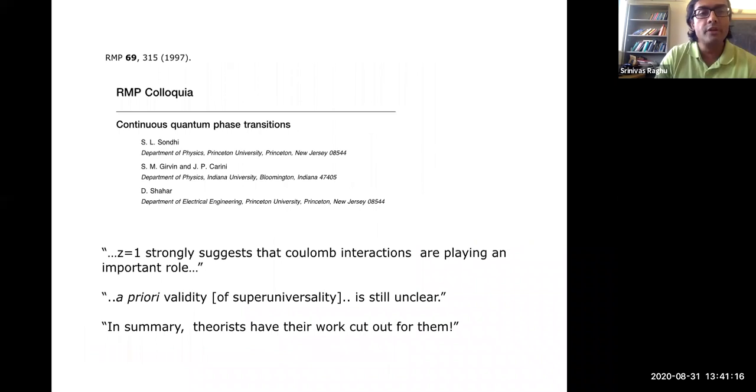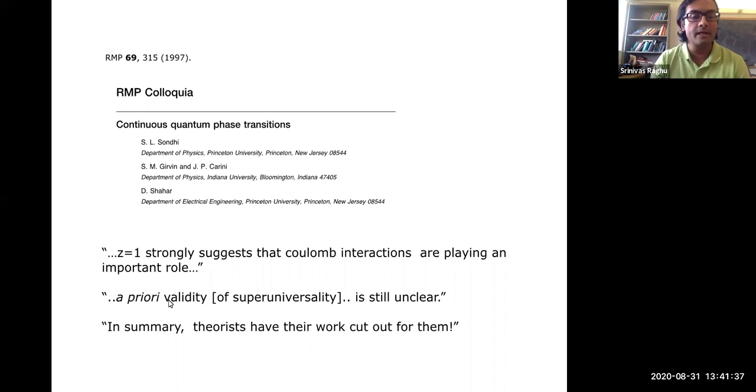There was an old review by Shivaji Sondhi, Steve Girvin and others. At the end of that review, this is from 1997, I just want to quote some excerpts where they talk about the open problems. Here are three quotes. The first says that z equals 1 strongly suggests that Coulomb interactions are playing an important role.